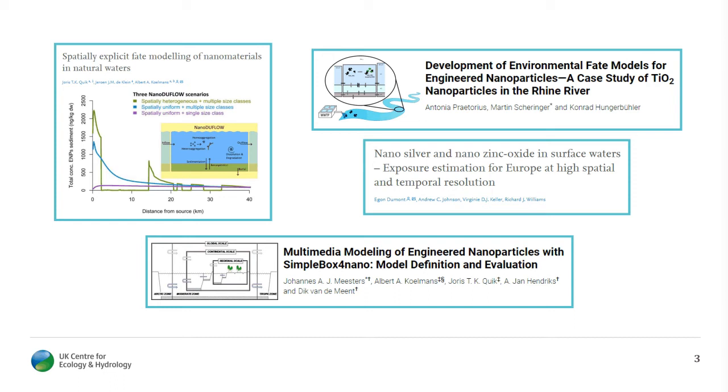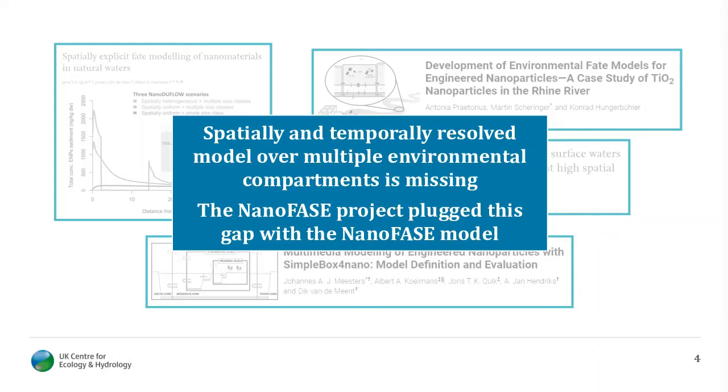But the thing that was really missing was a model that offered both spatial and temporal resolution over multiple environmental compartments. And this was the gap that the NanoPhase project, which ended at the end of last year, aimed to plug with the so-called NanoPhase, nanomaterial fate and speciation in the environment model.